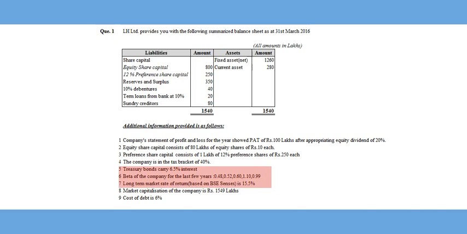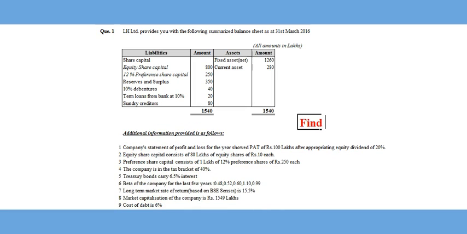Long-term market rate of return based on BSE Sensex is 15.5%. 8. Market capitalization of the company is rupees 1549 lakhs. 9. Cost of debt is 6%. Let us now see how to find economic value added of this company from the above said details.